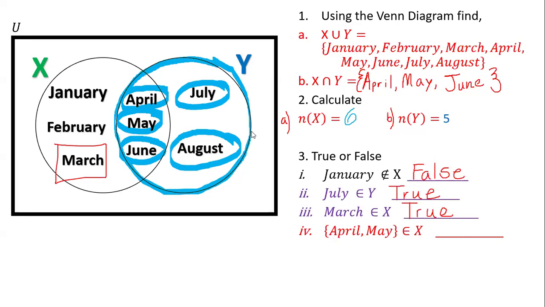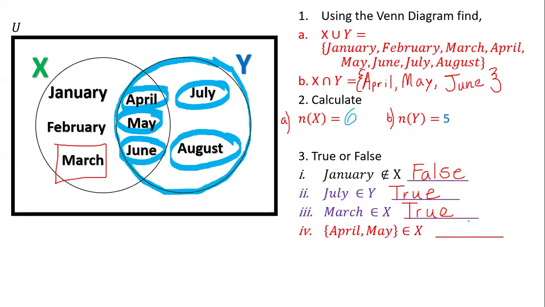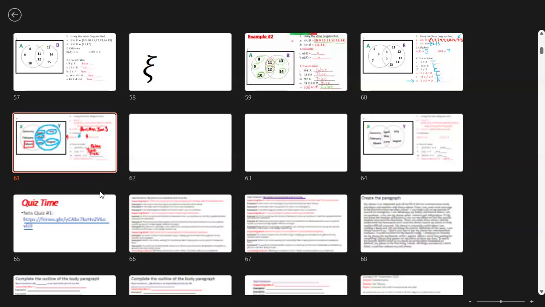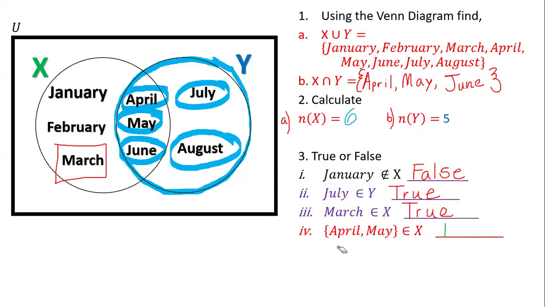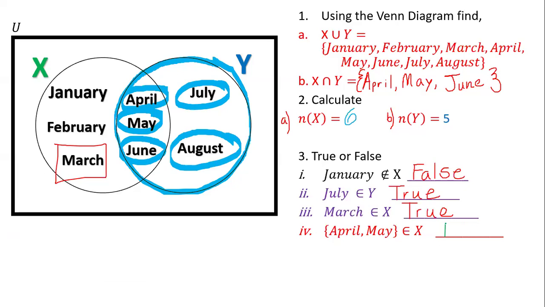Okay, so this might be surprising to y'all, but this one is actually false. What? Yes, it's false. Is it because April and May is actually an element of A intersect B?